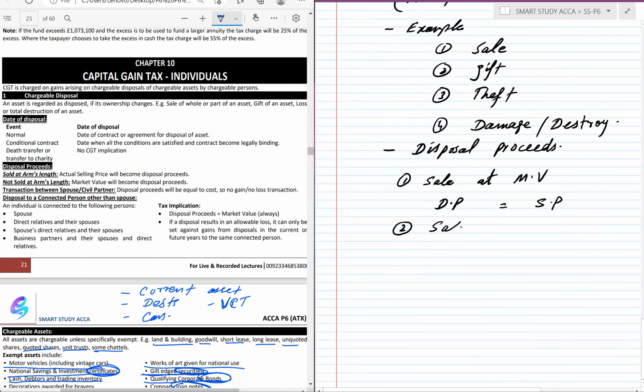But sale at undervalue. If you have sold an asset below the market value, please remember it is also example of gift. If you have sold an asset below the market value, or you have gifted an asset without receiving any consideration, in both cases, it is considered as gift, and in both cases, disposal proceed will be market value.